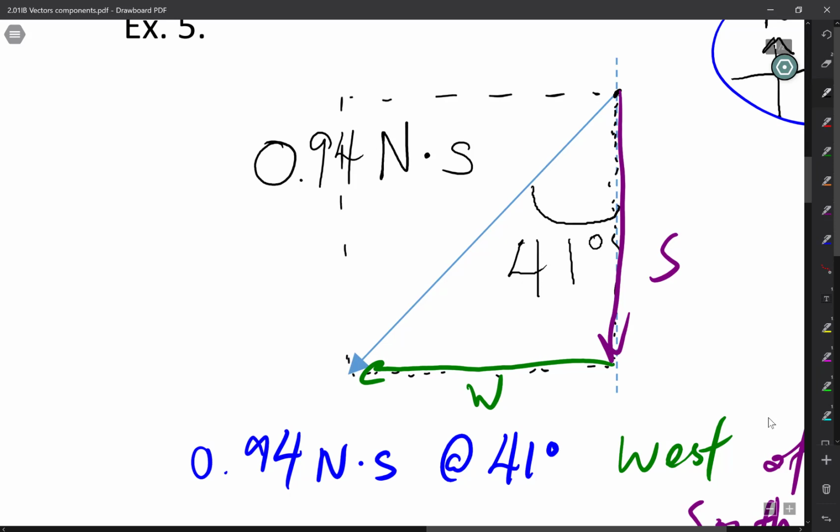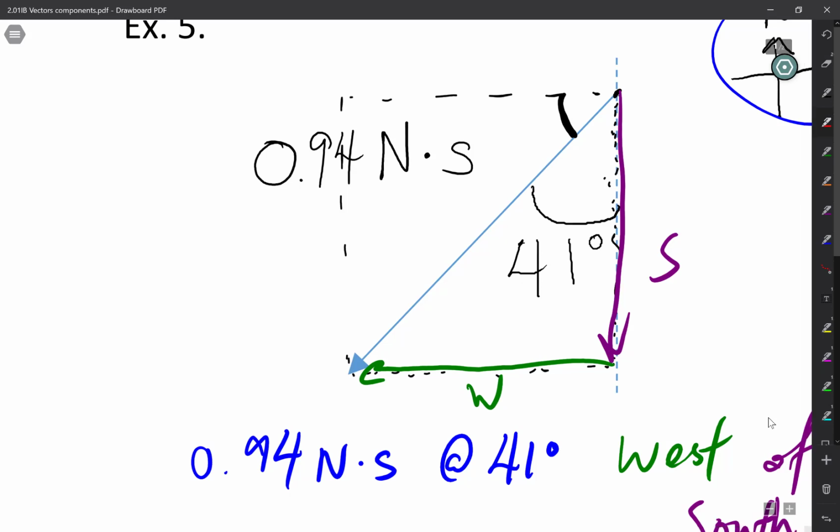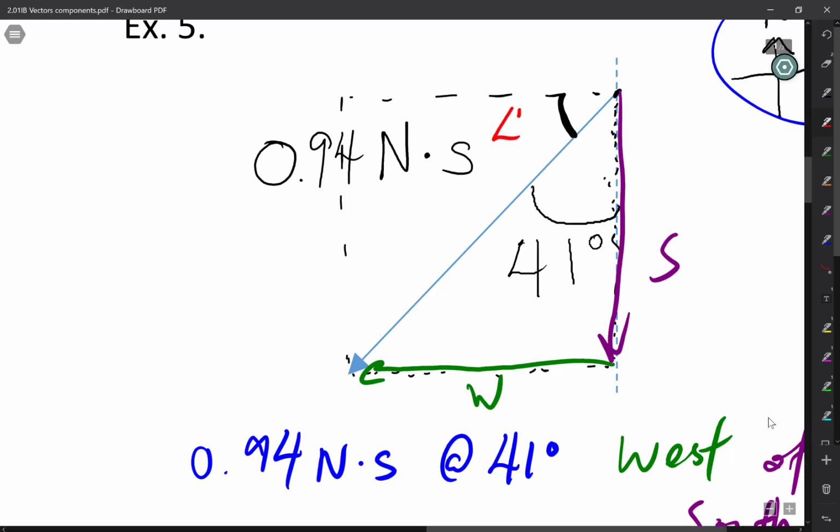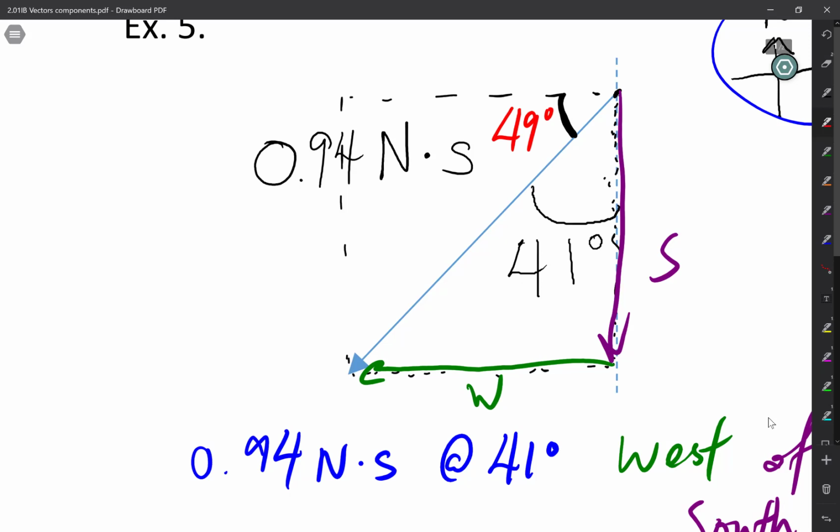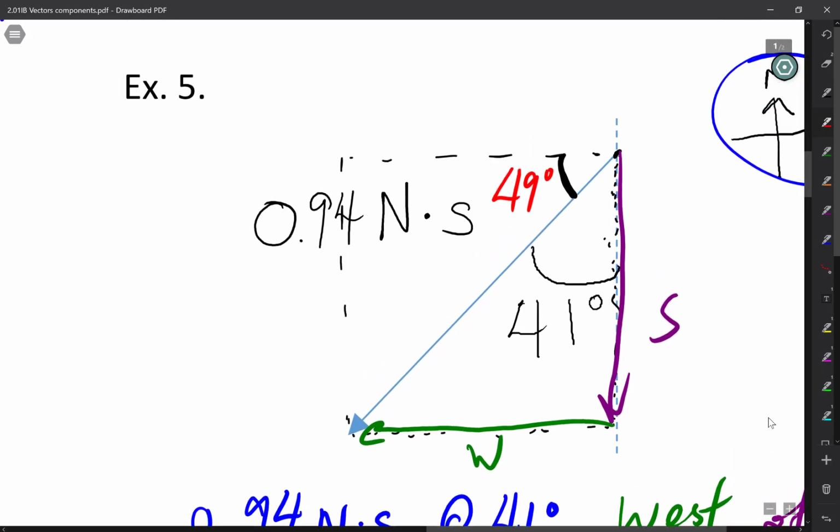I do have a different angle, but I also know that the combined angle, or degrees added together from here all the way to here, is 90 degrees, which means this guy over here would be 49 degrees. If I have to name this vector using this new triangle, you take a look, well, this time I went west first, and then I went south.